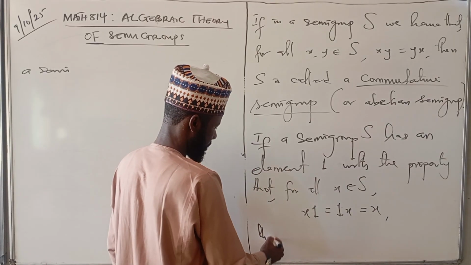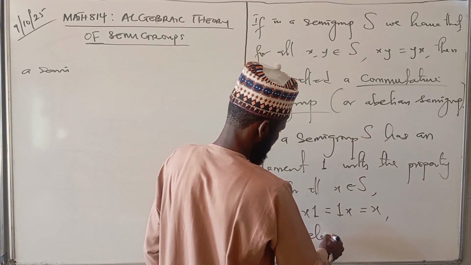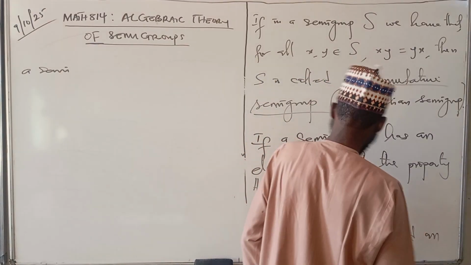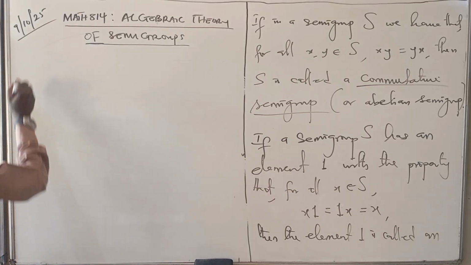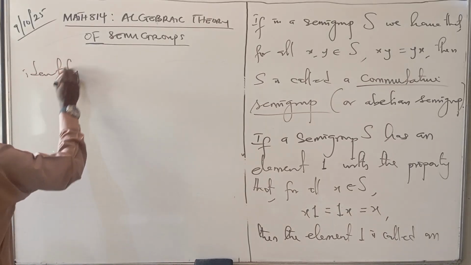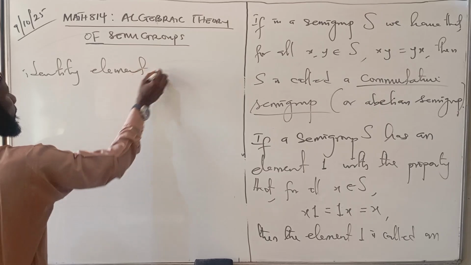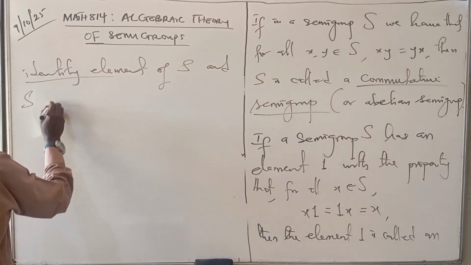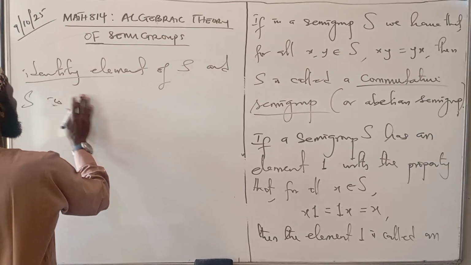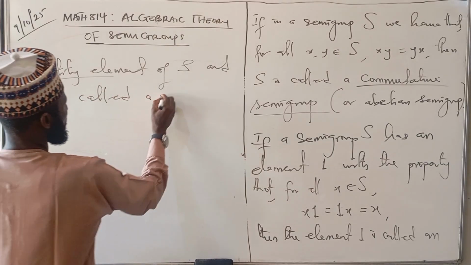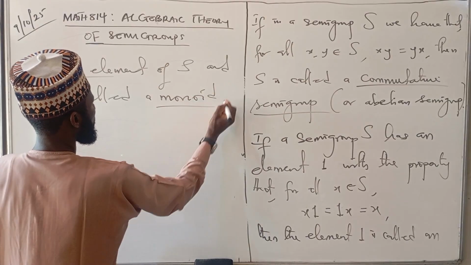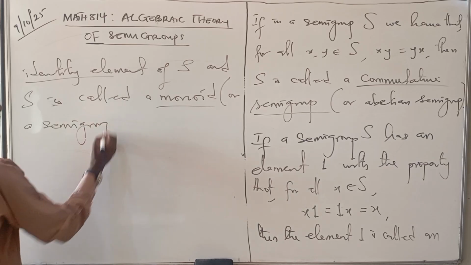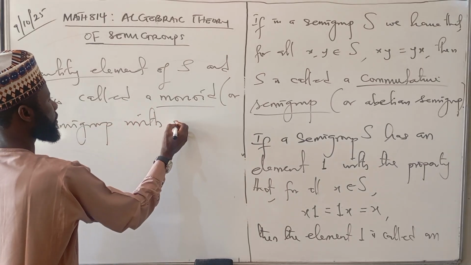The element 1 is called an identity element of the semigroup, or simply the identity of S. And S in this case is called a monoid, or a semigroup with identity.